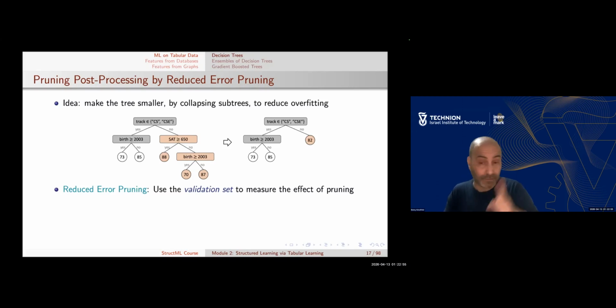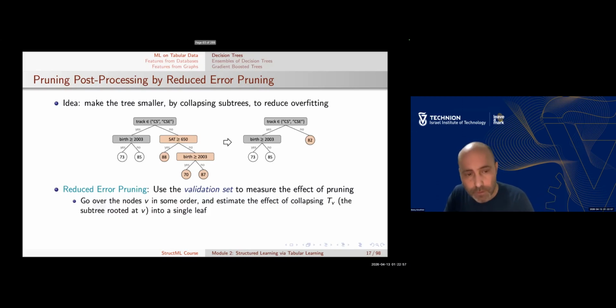Take your validation set, not the training set, the validation set, and go through your nodes in some order. Each time, simply test what is the accuracy with the current tree, and what is the accuracy with my subtree under V collapsed into one single leaf.